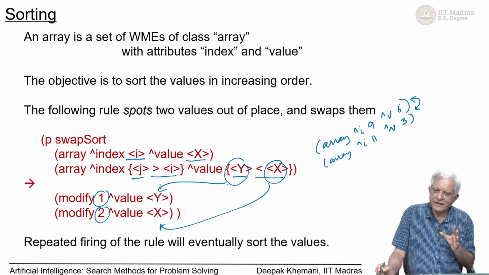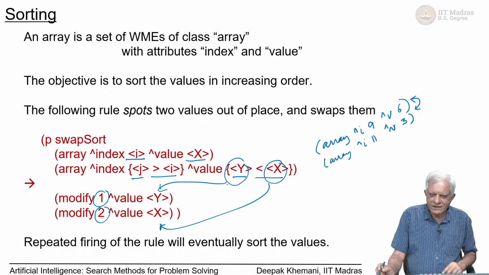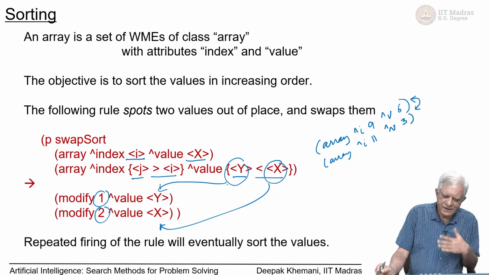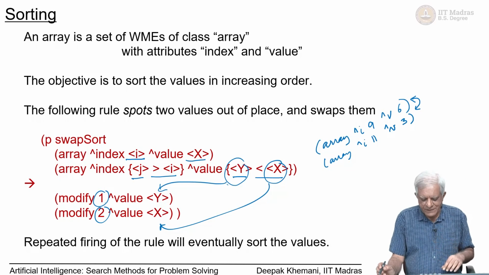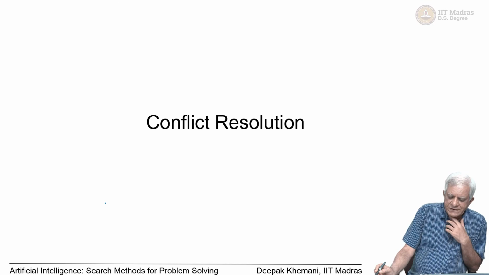Of course, this is not going to be an efficient algorithm to sort. We know that sorting has to be done much more carefully, but this simply shows that a rule can capture this whole process. If you are working with OPS5, you can actually write algorithms like merge sort or quick sort and so on, which are more efficient, but this was just to illustrate this idea.